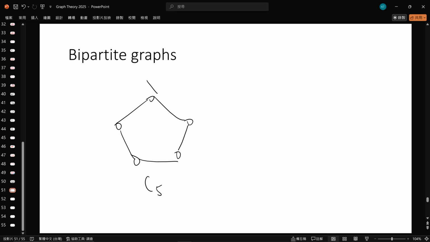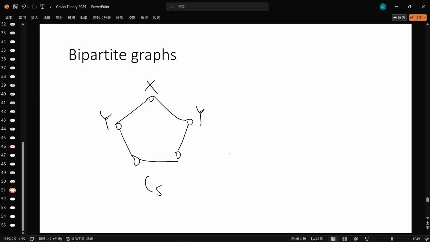Okay, let's try. Because if it is a bipartite graph, then we can divide the vertex set into two sets, X and Y, okay? So suppose this one is in X. Because it is a bipartite graph, we can conclude that these two neighbors of X cannot be in X. So therefore, they must be in Y. And following the same idea, for this neighbor of Y, this one cannot be in Y, otherwise we'll have an edge within Y, okay?